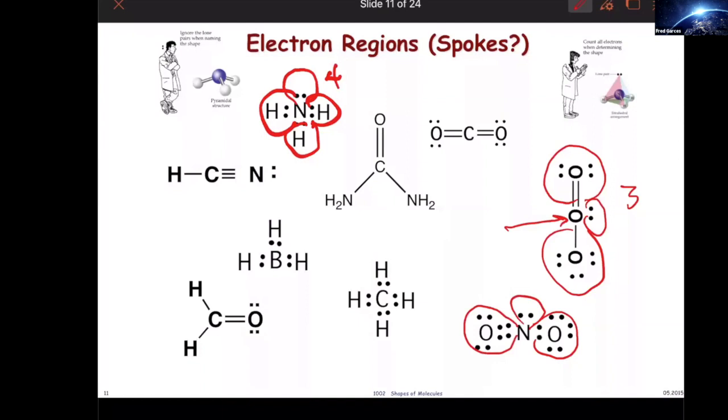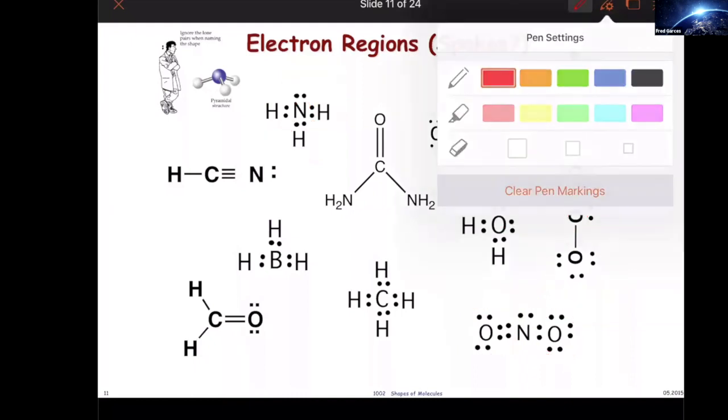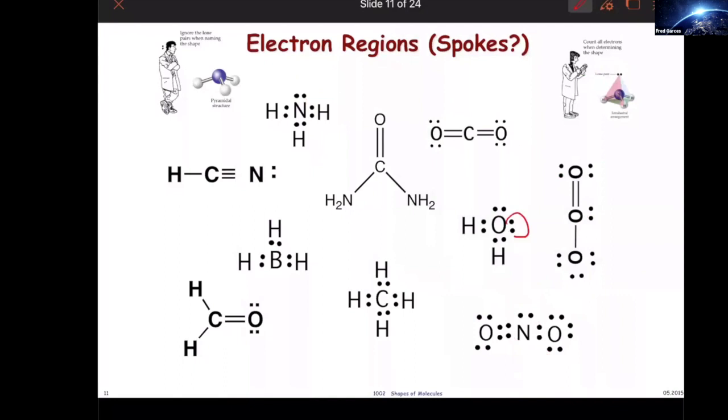So it's easy as that, but the key to identifying how many domains is to know the Lewis structure, because if you don't have it, you can't count domains around the central atom. This finally is water, okay? And water has 1, 2, 3, 4 domains.